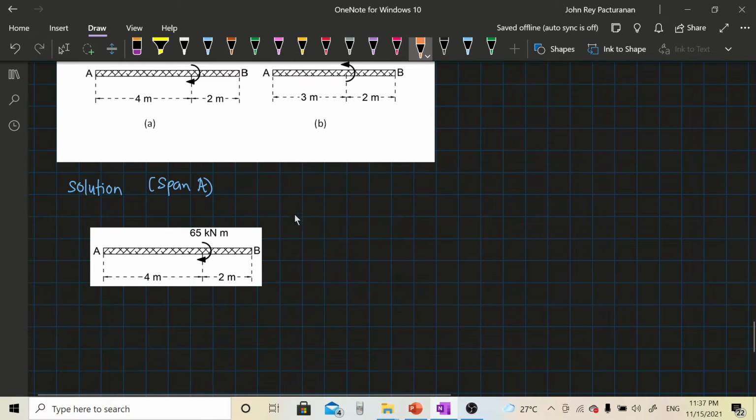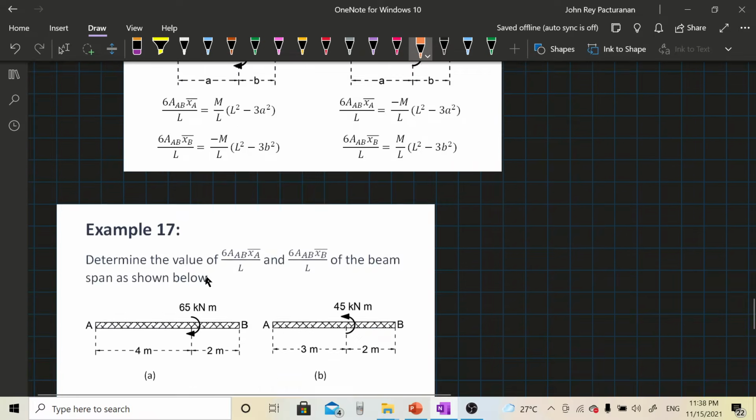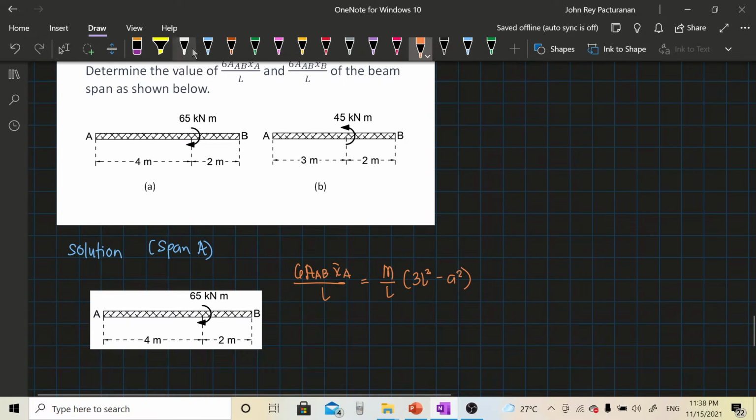So, for instance, 6 area ng AB, centroid ng A, all over L is equal to M over L, the quantity 3L squared minus A squared. So, tama ba? Ayan, no? Na-memorize ko pa pala. So, all we need to do is to substitute 65 over 6 because the total span of the beam is 6.